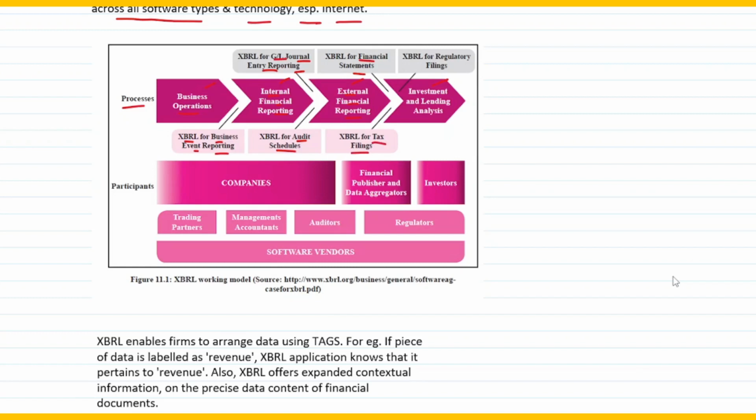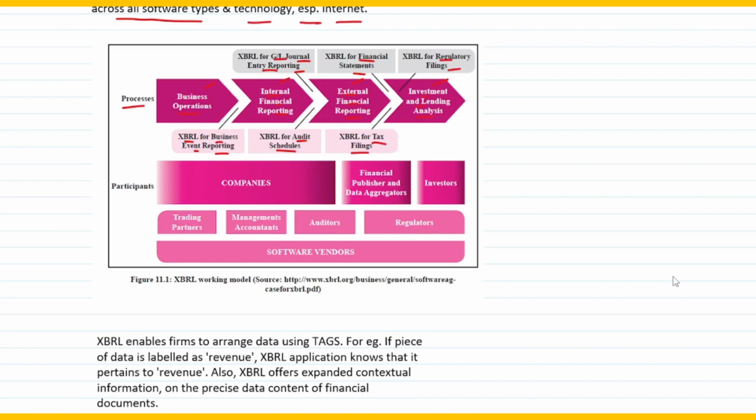And finally, when you talk about investment and lending analysis, it can be used for regulatory filing. If you have to file anything mandatory to the RBI or to a watchdog like SEBI, XBRL can again play a very pivotal role, right? So what are the various processes?